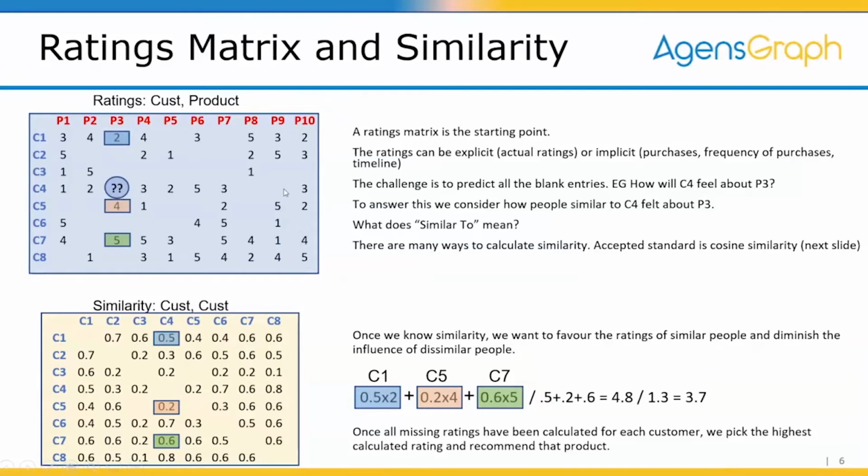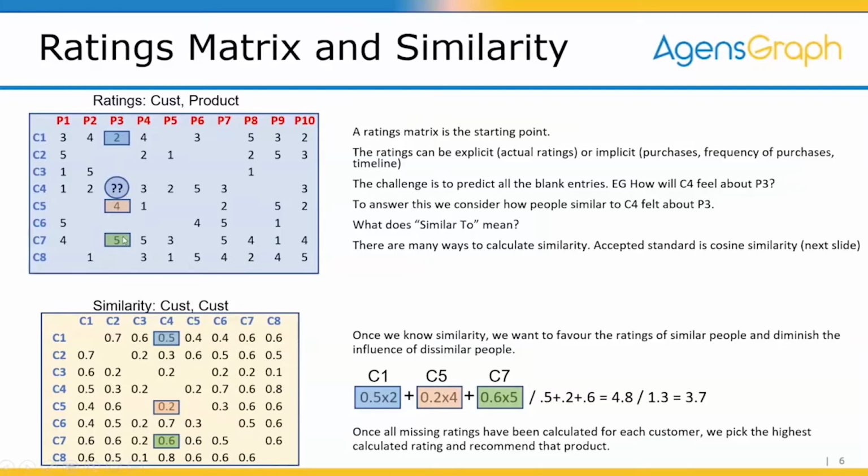And then the next question becomes, well, how on earth am I supposed to know what C4 will think about P3? And the answer is, find customers who are similar to C4 and see what they thought. So the only customers that have evaluated P3 are C1, C5, and C6. So I have some data. I've got a 5, a 4, and a 2.